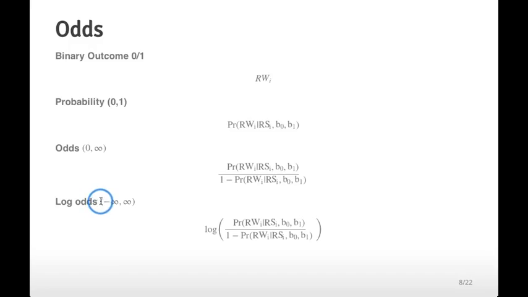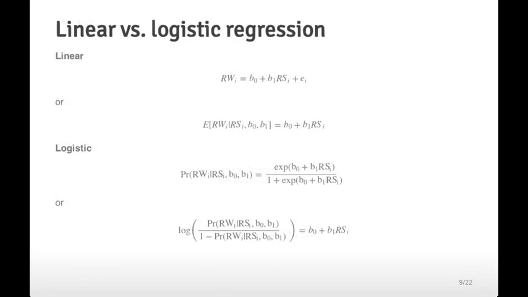It turns out that this is not necessarily that useful for us in terms of applied research, other than the fact that the mathematics and the computation of solving equations when the outcome is on an unbounded interval like this are somewhat easier, and so that means that we'll get more stable results from our analysis.